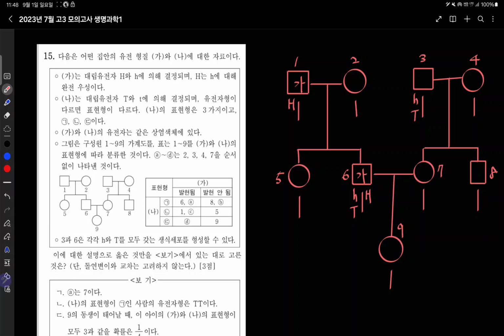And that means individual number 8, 5, and 9, because they don't have the first trait, are homozygous recessive for the gene H. So they have only lowercase h allele.